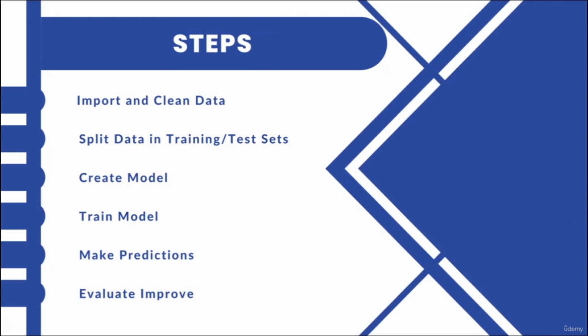Then we're going to make our model with a specific type of algorithm. We're going to train it on the training data sets. We're going to make predictions on our new model, then evaluate its performance against the testing data sets and improve it.